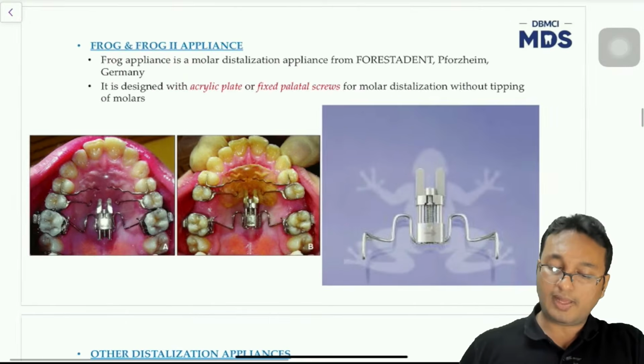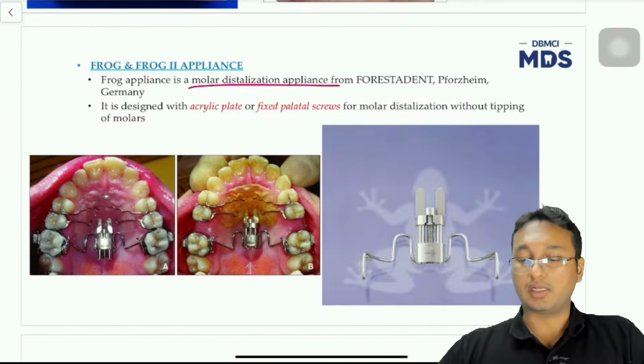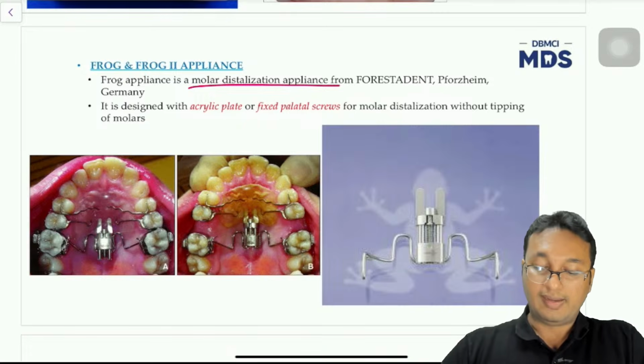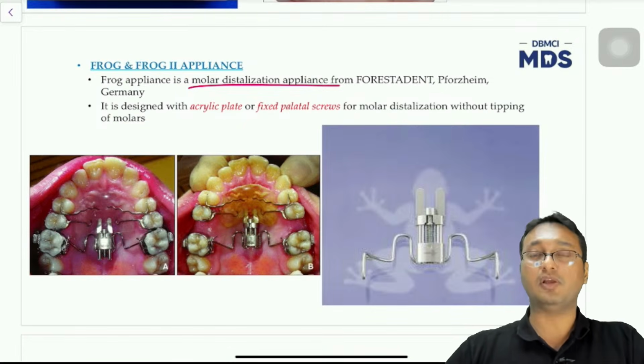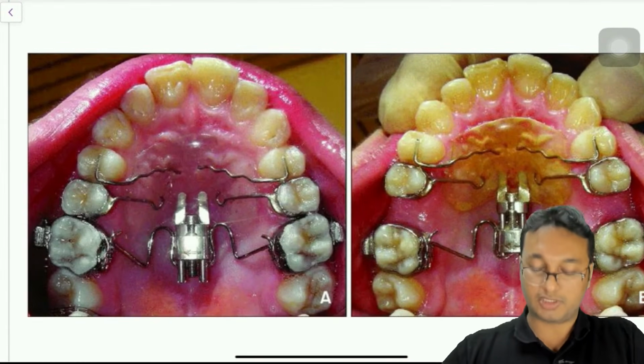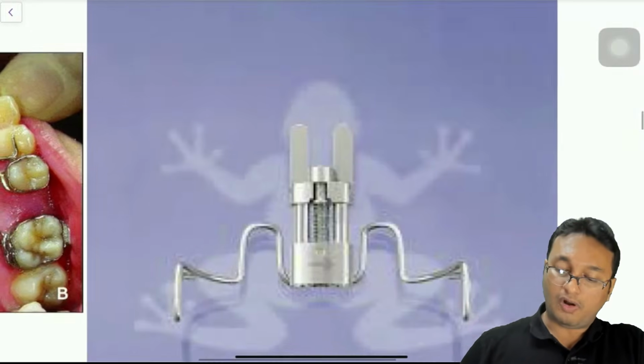So what is a frog appliance? It's a molar distalization appliance from a company called Forestadent, which is based in Germany. It is designed with an acrylic plate or fixed palatal screws for molar distalization without tipping of the molars. So this is what a frog appliance looks like in the clinical scenario. And why is it called a frog appliance?